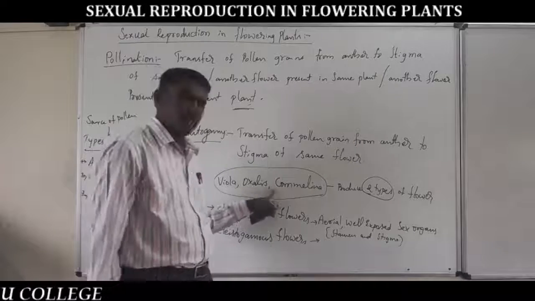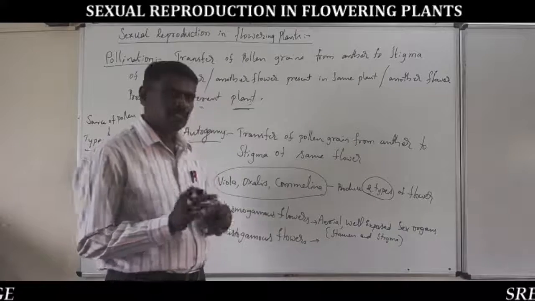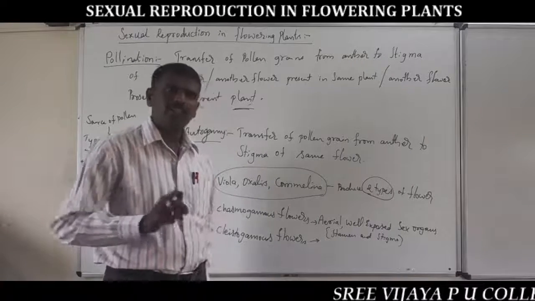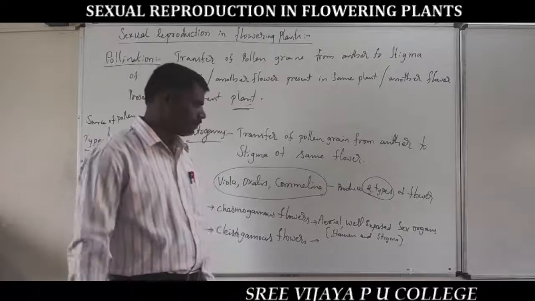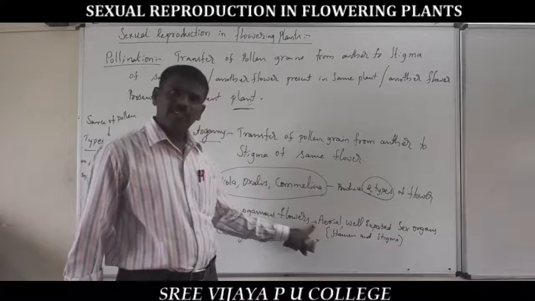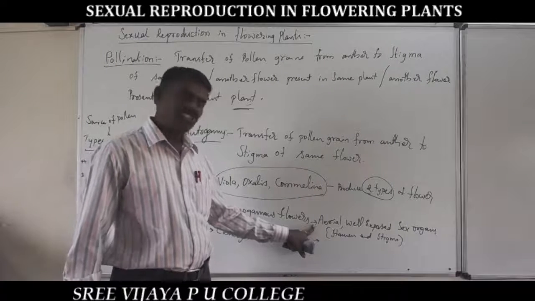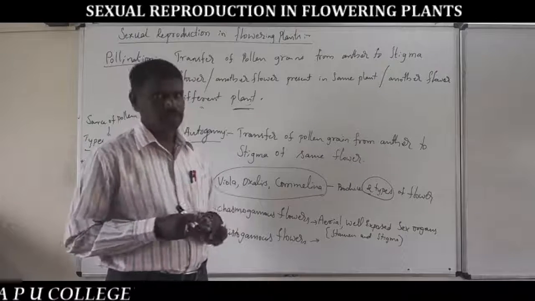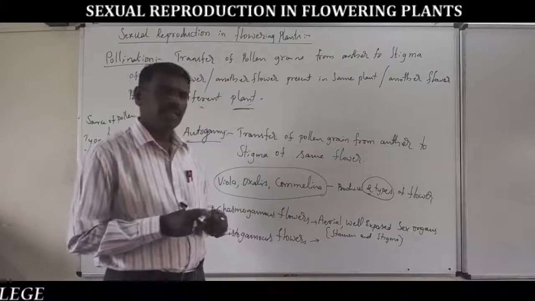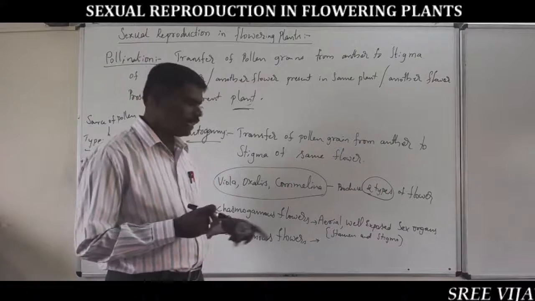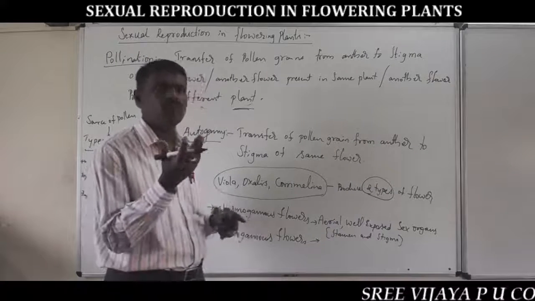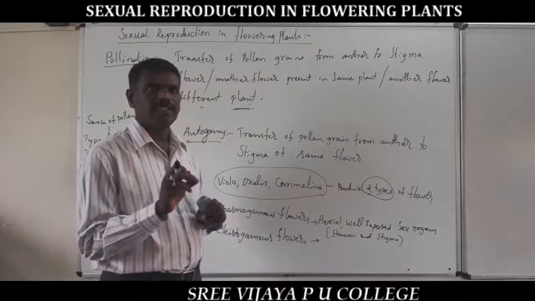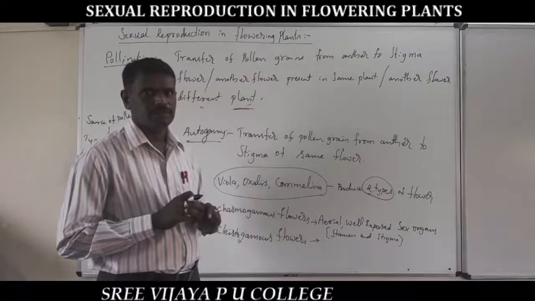In Commelina, the chasmogamous flowers are a little bit violet in color, and in the groundnut plant they are a little bit yellowish. In certain plants these chasmogamous flowers are sterile. For example, in the groundnut plant, they are well exposed but unisexual, containing only male flowers.